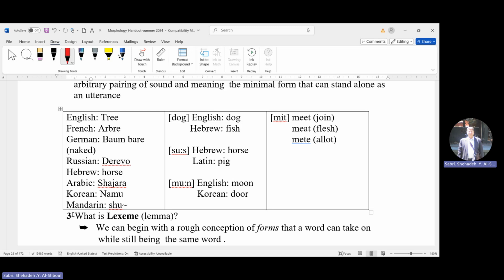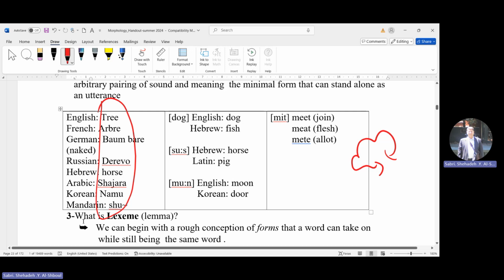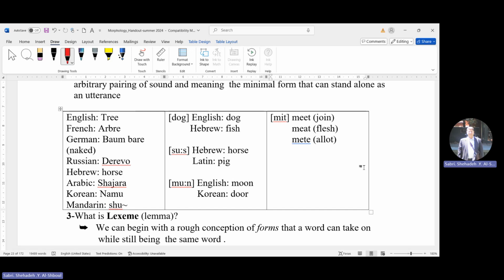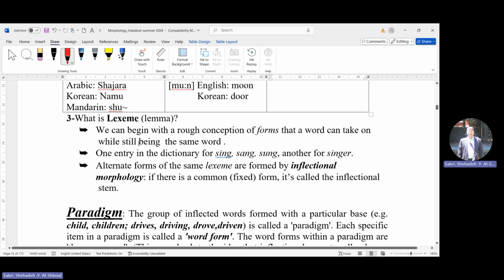We find that we have a variety of symbols indicating this entity, which is called shajara. So this provides evidence that the relationship is arbitrary, and there is, as I said, no idiosyncratic content between the symbol and the entity.